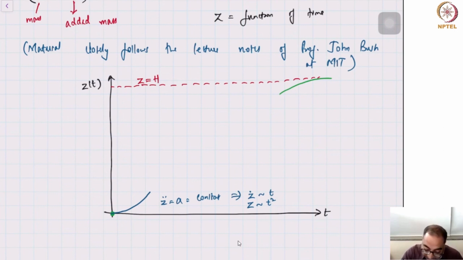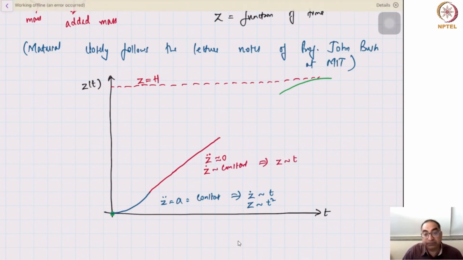If the fluid is moving at a constant velocity, the curve that you should expect somewhere in the middle would be linear, because in this region z double dot is approximately 0. That's acceleration is very small. z dot is constant, and therefore z goes like t.